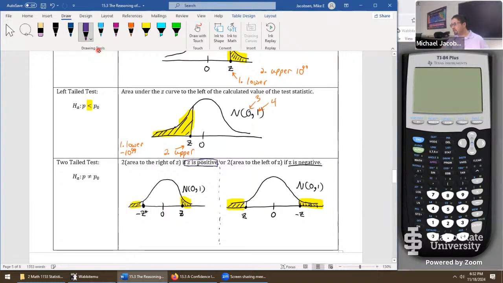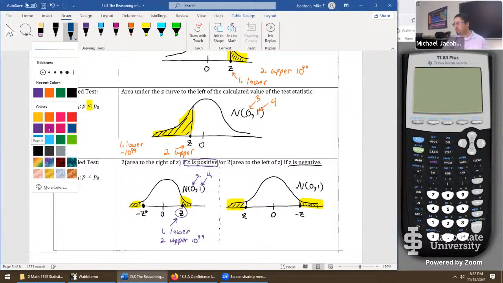If your z came out positive, that's your positive z, and your input in your calculator should be this for lower. Upper is 10 power 99, and then here's input 3, input 4, and then let's put in another color.